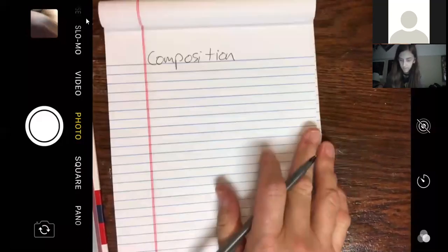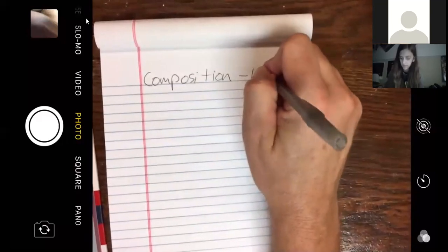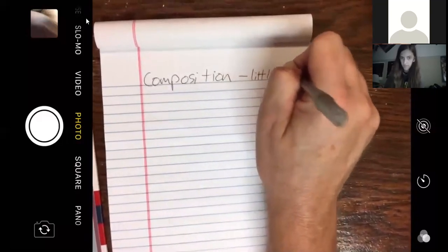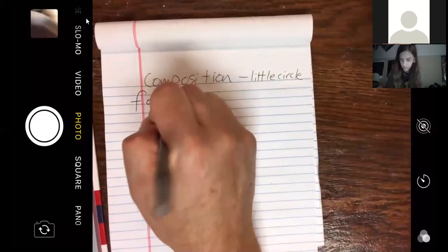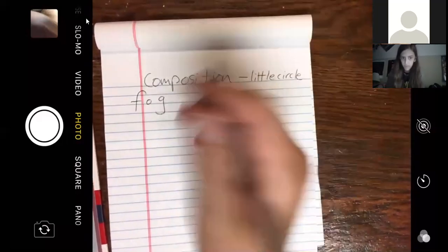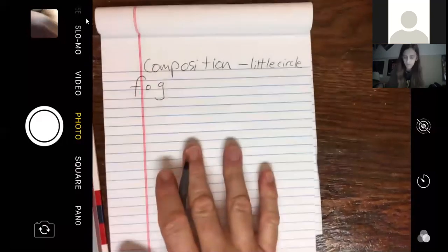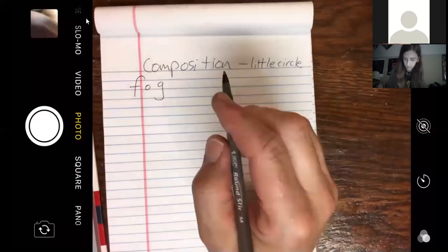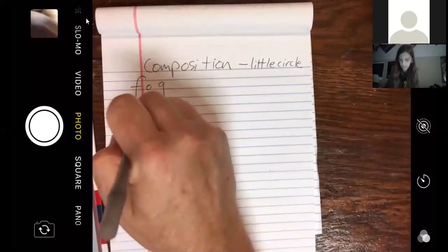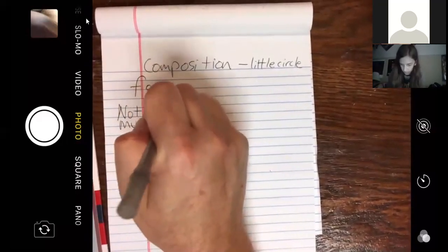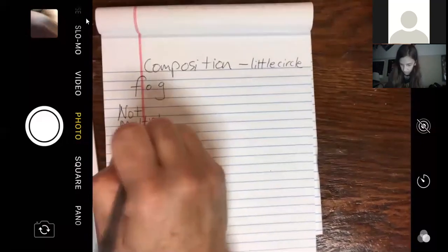All right. They use a little circle. So you'll see this used a lot. I call it FOG for short. It's not multiply. If they want multiply, that's FG.